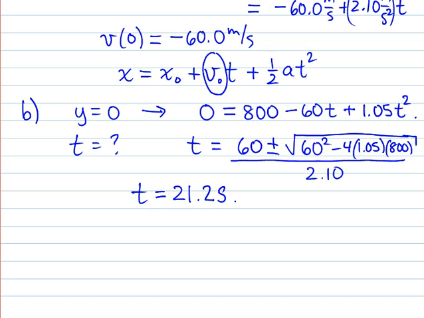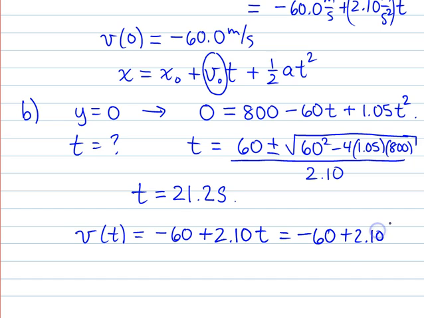Then what we can do is take that and plug that into the velocity equation. Remember that it's negative 60 plus 2.10 t. So that's negative 60 plus 2.10 times 21.2.